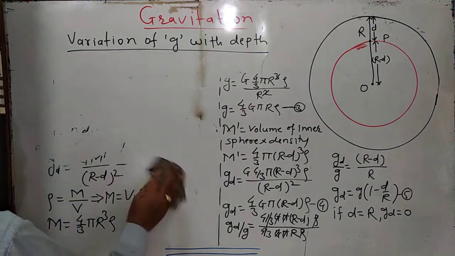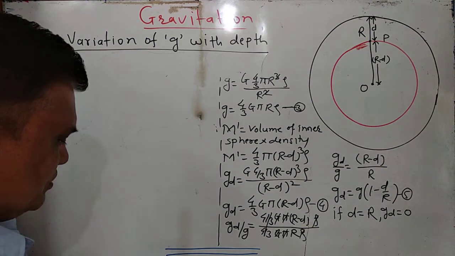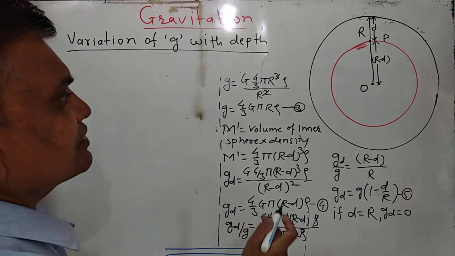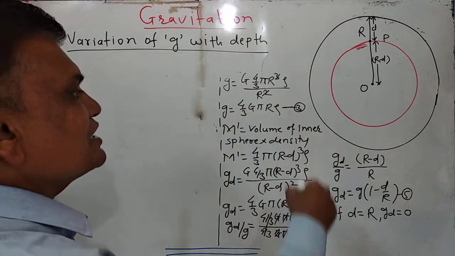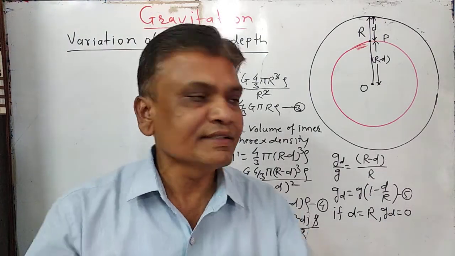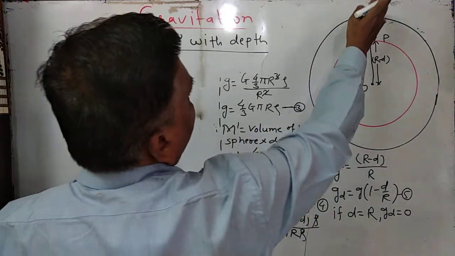In this way we have found gd. As we go far from the Earth's surface, at height h from the Earth's surface, g goes on decreasing, and as we go below the Earth's surface, g also goes on decreasing. It means that g is maximum at the Earth's surface.